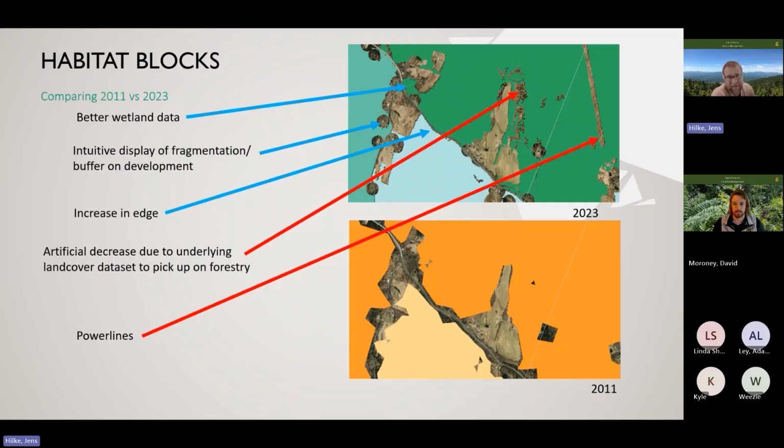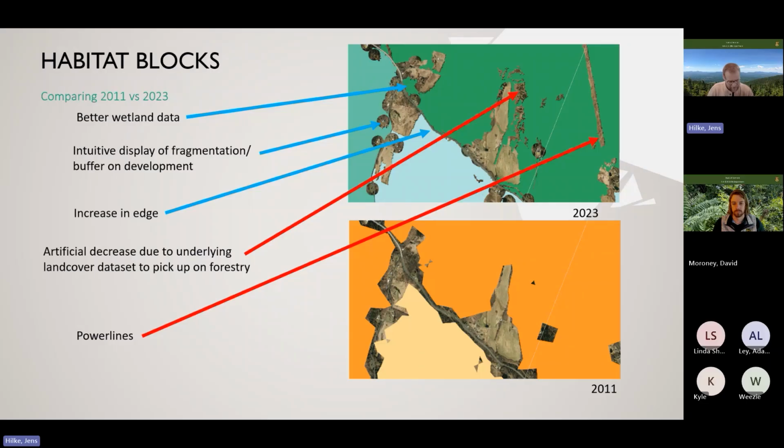Similarly, power lines are not included in the habitat block. And as you all may well know, bear, for example, will certainly travel along power lines. They're not going to be developed into subdivisions. I would have included them in the forest block, but because of that higher quality input data, they are not included in the blocks.